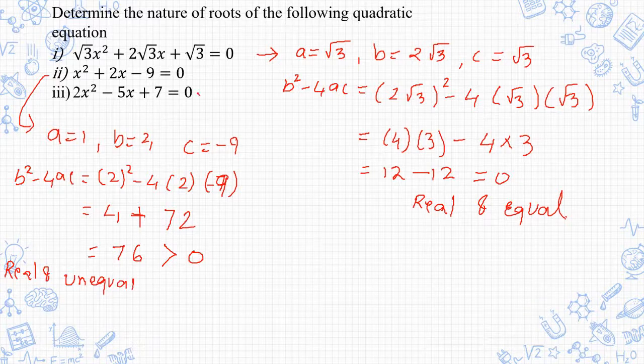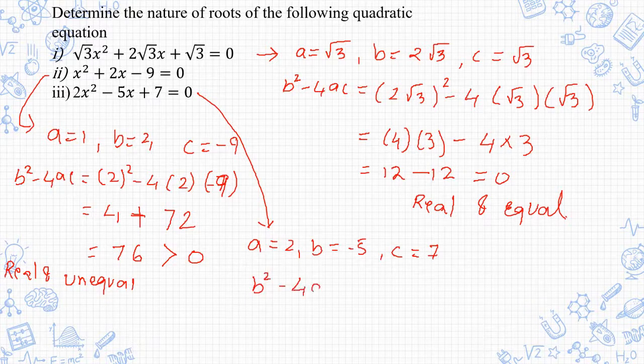Similarly, in the last one, a is 2, b is minus 5, and c is 7. Find out the value of the discriminant b squared minus 4ac. So this will be minus 5 squared minus 4 into a, that is 2, and c, that is 7. So this will be 25 minus 4 into 2, 8, and 7 into 8 will give you 56.